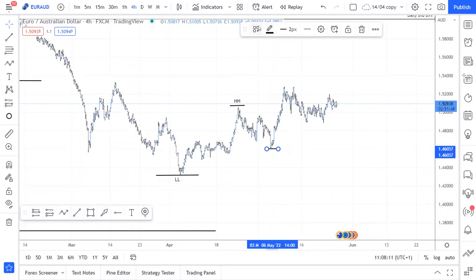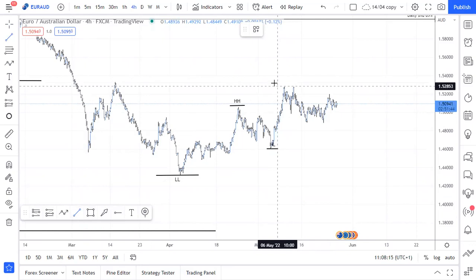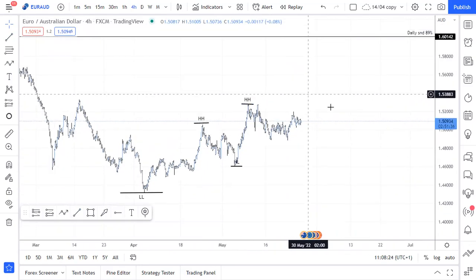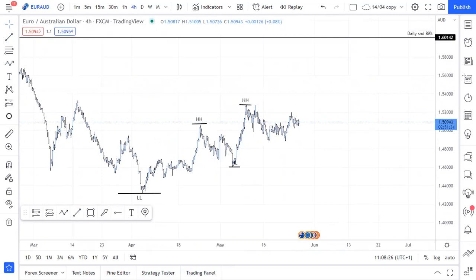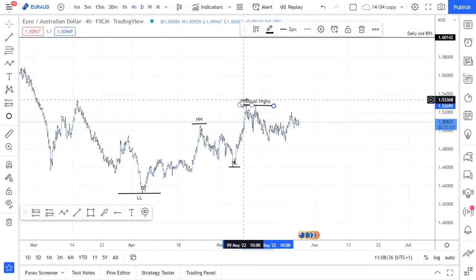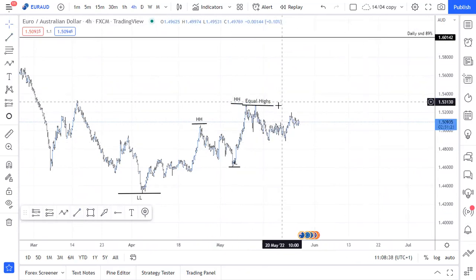Higher low. Higher high. And we've also got equal highs here where the liquidity would be sitting.